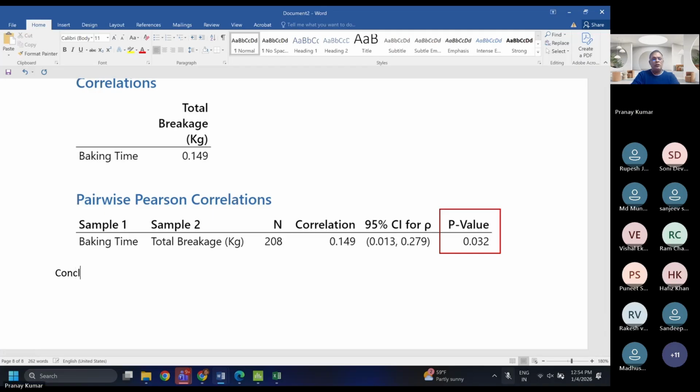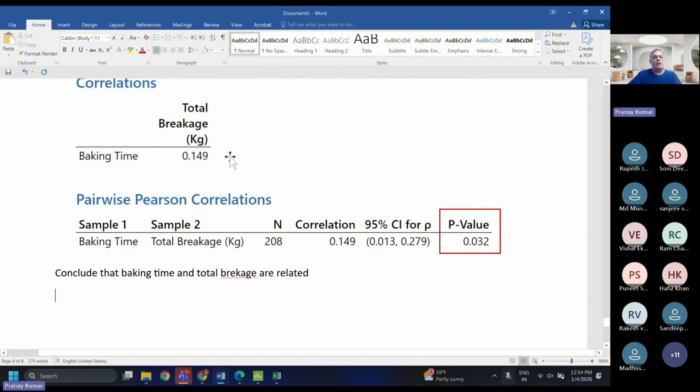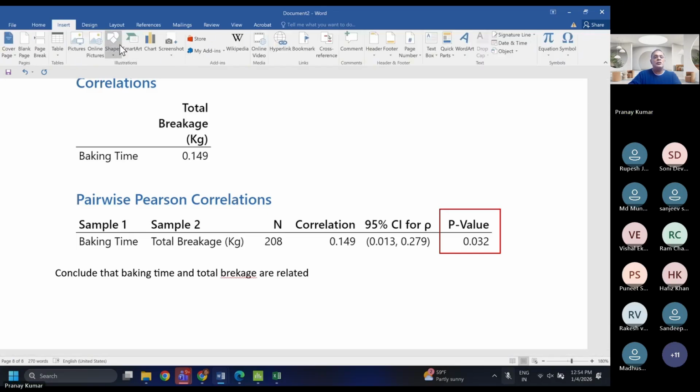We are saying we will conclude that baking time and total breakage are related. I cannot conclude which one impacts which one. Second thing to look at is the correlation coefficient or the R value.